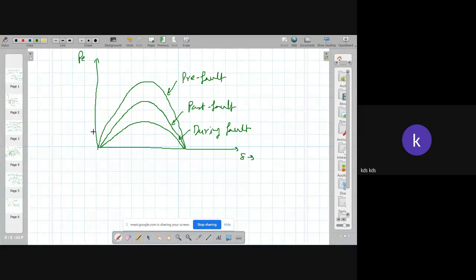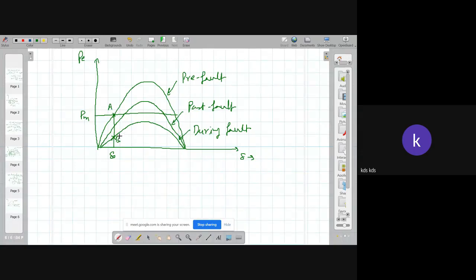Now let's say we have this value of PM, the mechanical power. Here at the pre fault point, this is delta naught, and we shift to the during fault curve, this B point.